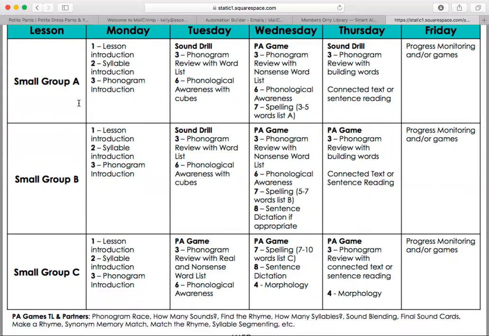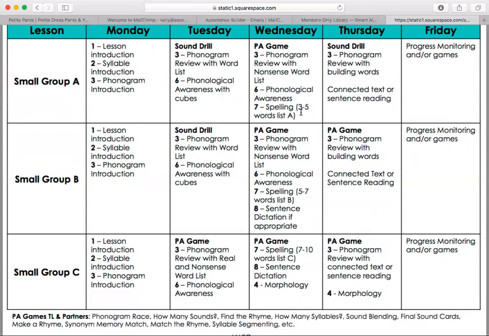You only need that one lesson plan in your lesson plan book. Our students who are in group A are going to be the students who are in this tier 2 that we're targeting and your tier 3 students. I would pull them in separate groups, but they're both going to be using this lesson, using these components, going at their own pace. If you're in small group A, you're going to be using the spelling list for group A, the sentence dictation for group A that you find in the lesson.